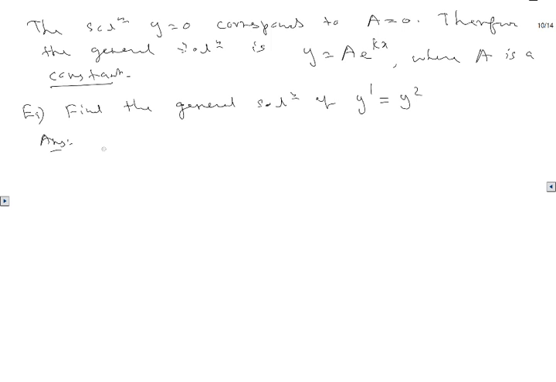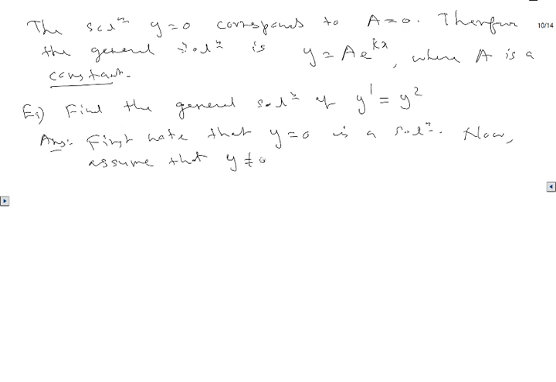So as before, first note that y equals 0 is a solution. Why? If you plug in y equals 0, it works, because y prime equals 0, so 0 equals 0. Now we assume that y is not equal to 0.